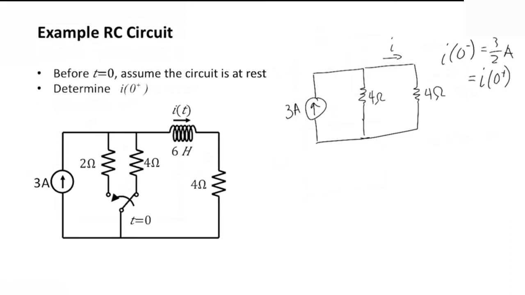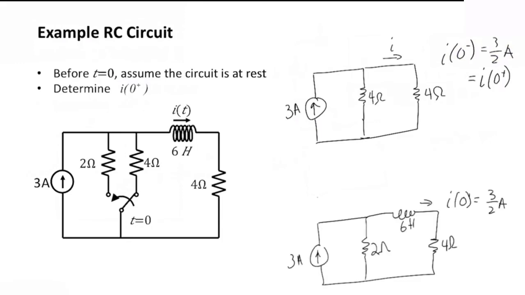So if we want to find the current, then we see that that is a current division problem, and in this case, because the two resistors are equal, the 3 amps divides equally across the two branches, and we have that I at 0 minus, which is just before the switch changes, is half of 3 amps, or 3/2 amps. And because current in inductors is continuous in time, we also have that this is the same current through the inductor just after the switch changes.